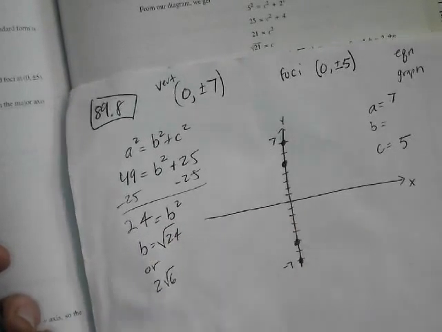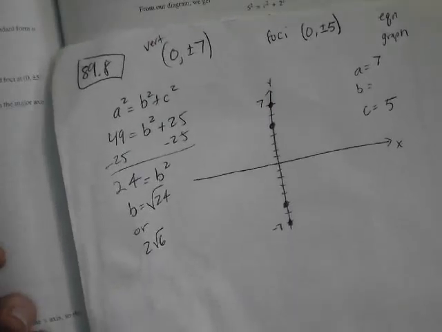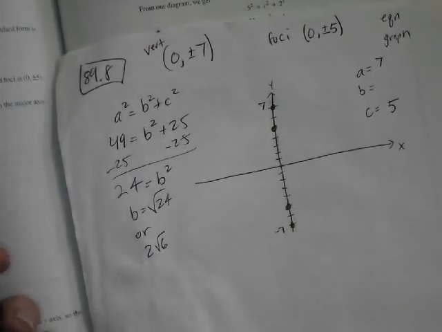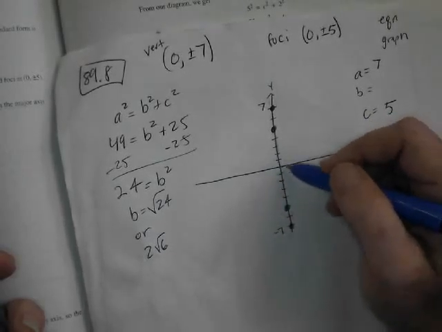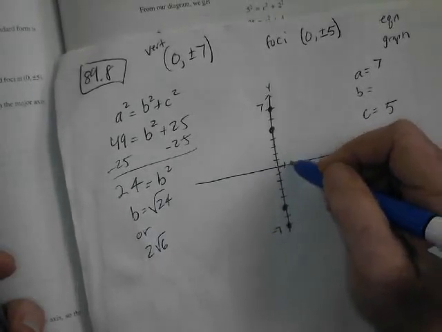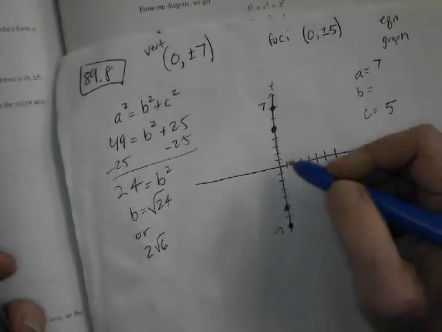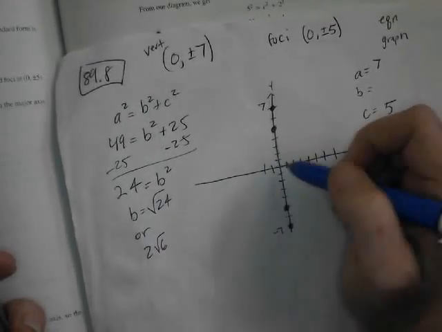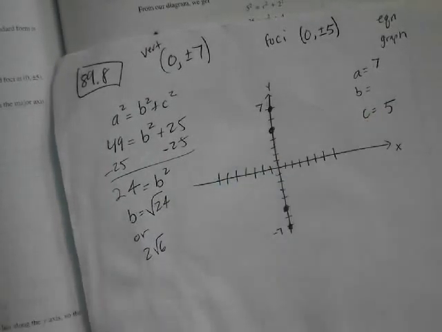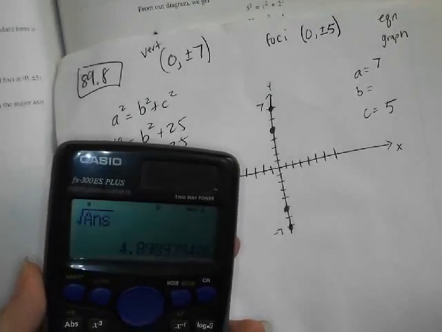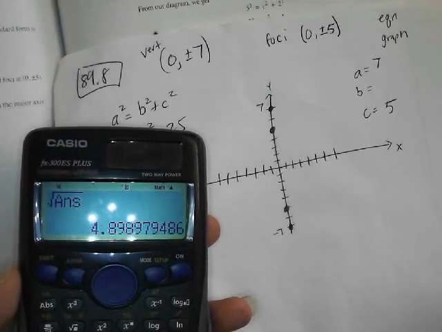But the way I'm going to put it in my equation, well, no, actually, I kind of want to get a decimal for that, because I need to graph it still. I don't know exactly where on my graph root 24 is. I'm going to find out what the square root of 24 is by asking my calculator. Turns out it's about 4.89, 4.9.